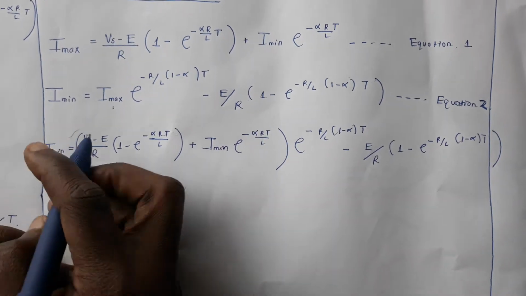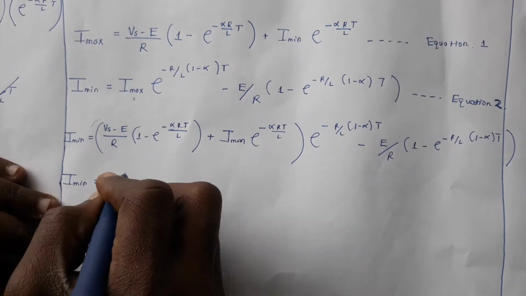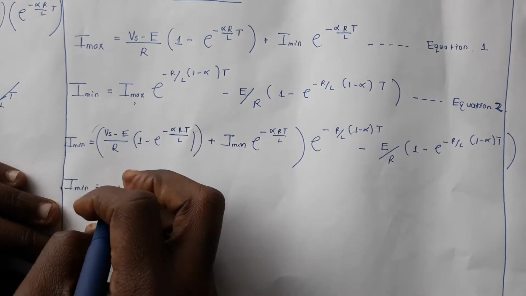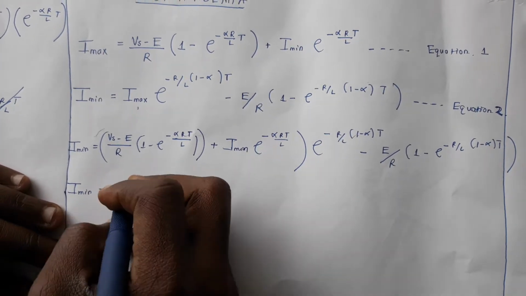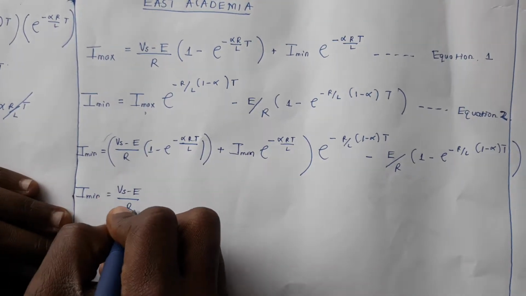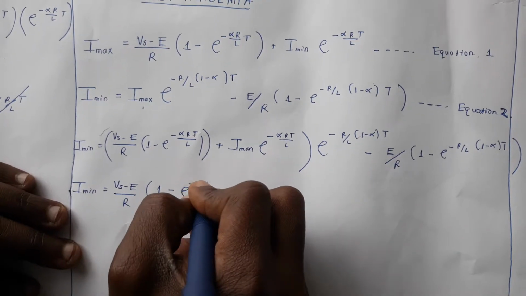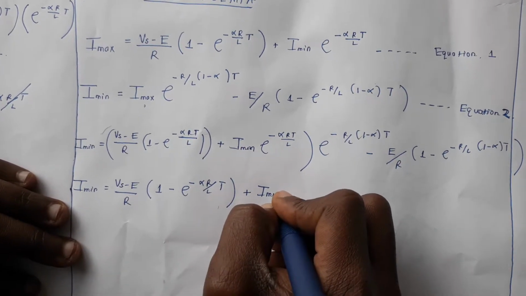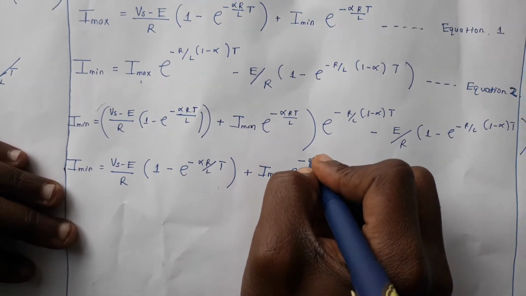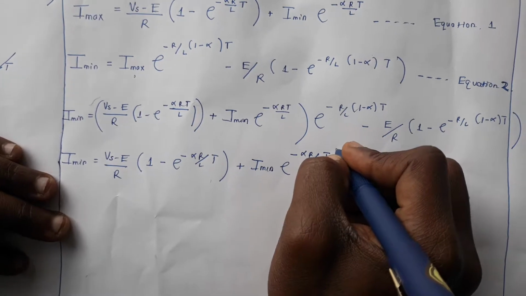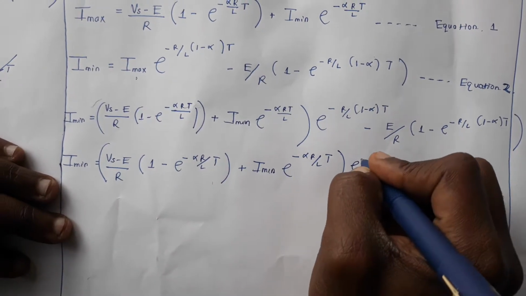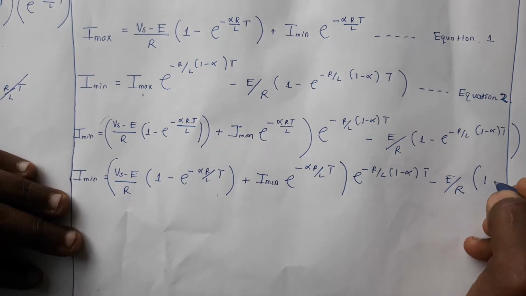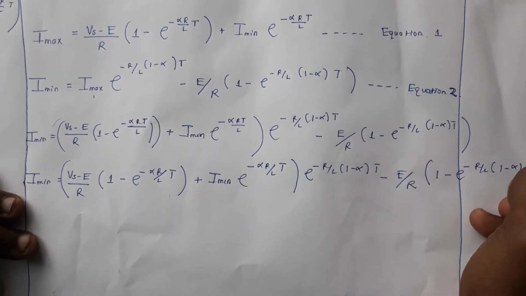So previously we saw that Imin is equal to, I have another bracket here, sorry about that, (Vs minus E) over R times (1 minus exponential minus alpha R over L T), plus Imin exponential minus alpha R over L T. All of it is multiplied by exponential minus R over L (1 minus alpha) T, minus E over R times (1 minus exponential minus R over L (1 minus alpha) T).